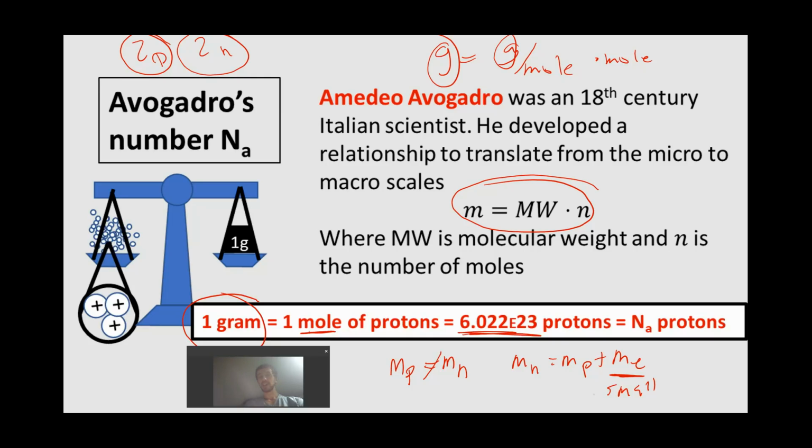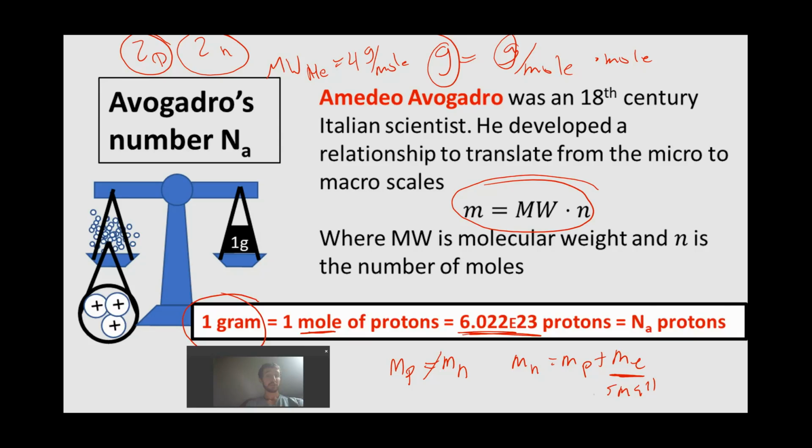So what do you think the molecular weight of helium is? Well, that's the mass of 4 protons per atom. So the molecular weight of helium, wonderful handwriting, would be equal to 4 grams per mole. And we can keep on going up.